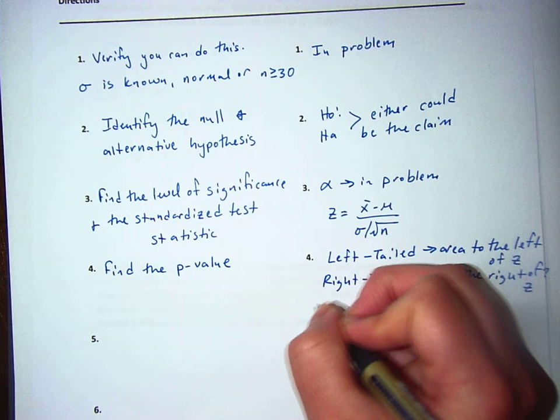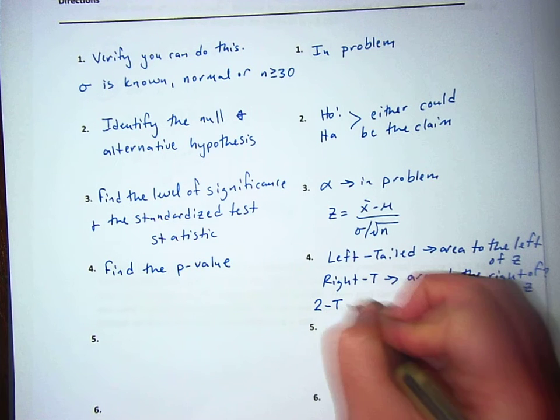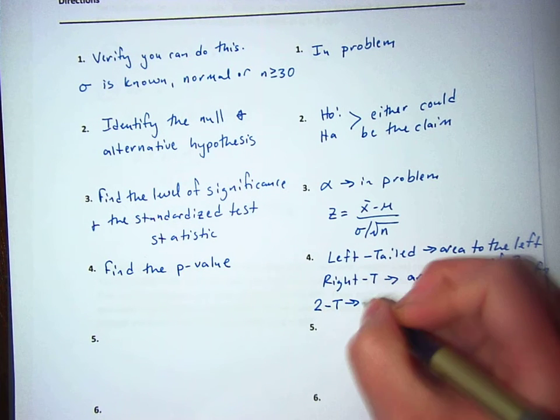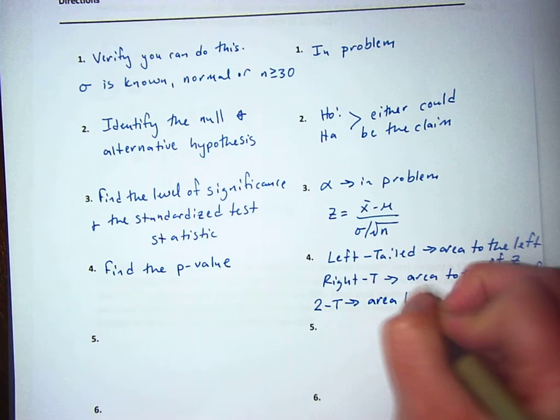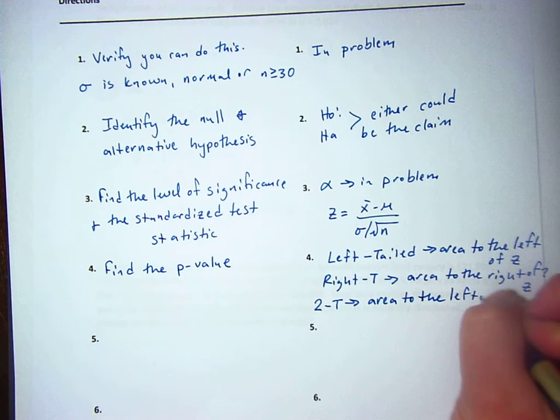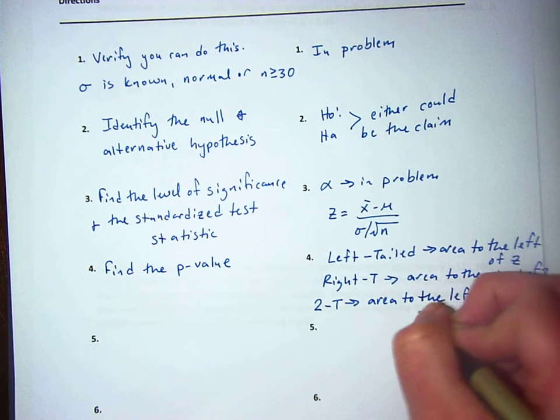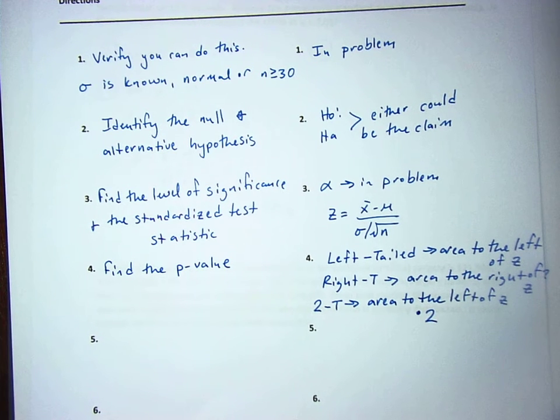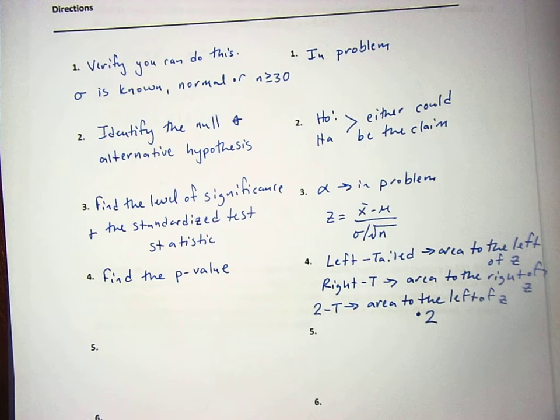And if it's a two-tailed test, then it's the area to the left multiplied by 2. Pause if you need time.